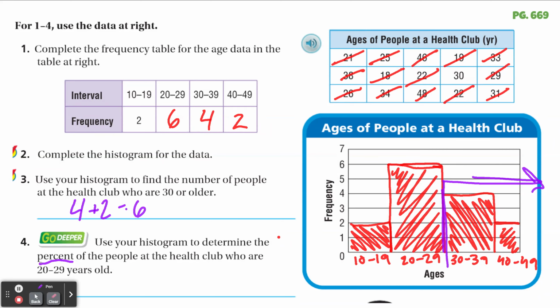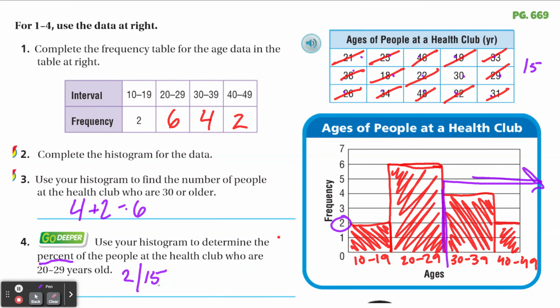So in order to figure out our percent, I'm going to think we have 2 people, because our frequency is 2, out of, and then I have to count how many people there are. So I have 1, 2, 3, 4, 5, 6, 7, 8, 9, 10, 11, 12, 13, 14, 15. So we have 2 out of 15. And now we need to think about what that would be as a percent.